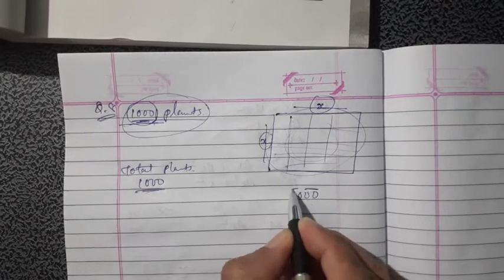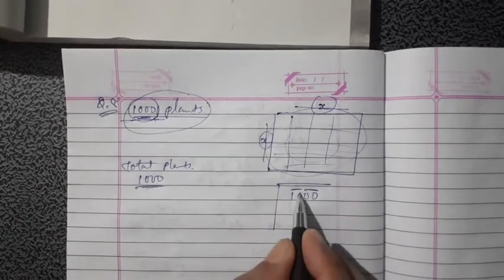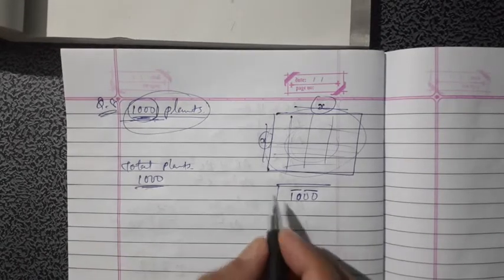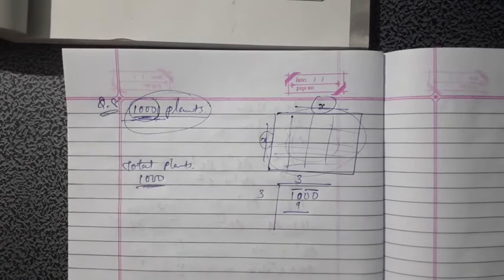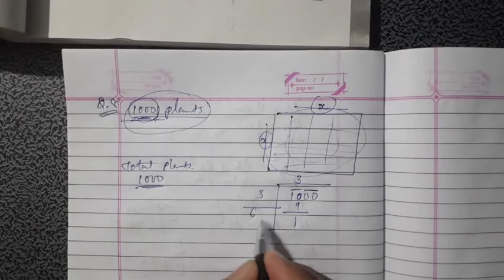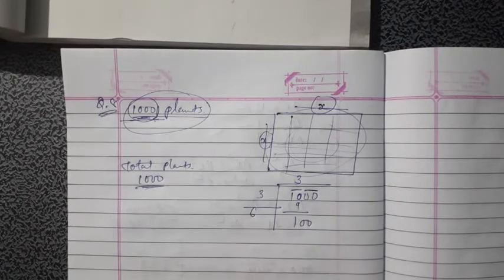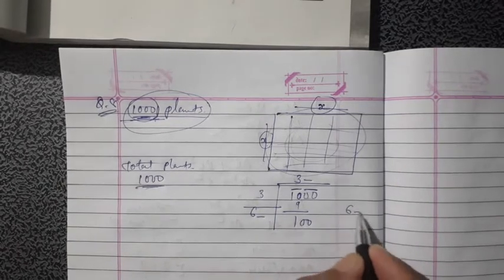We use the division method and make pairs of digits. The first pair is 10, and 3 threes are 9. We know how to find this. Double of 3 is 6. Now two zeros come down. Now 6 dash into dash.